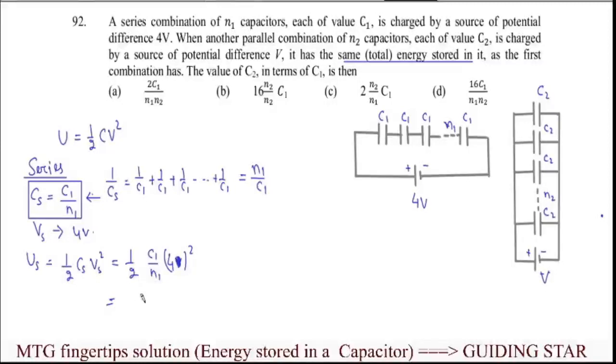So 16 by 2 is 8. So the energy in series is 8 C1 by N1.